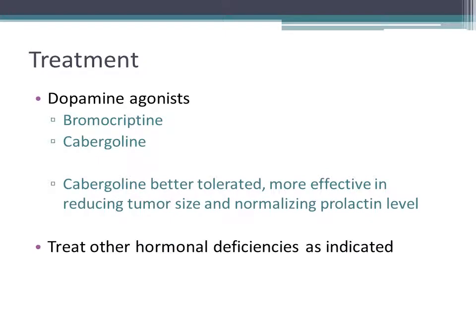Remember, when you're treating a patient with prolactinoma, we're not only focusing on the prolactin level, but we also treat other hormonal deficiencies if they are present. One exception to keep in mind is that hyperprolactinemia, because of a prolactinoma, might lead to hypogonadism by suppressing LH and FSH in a central fashion.